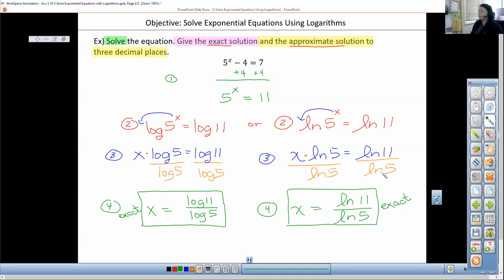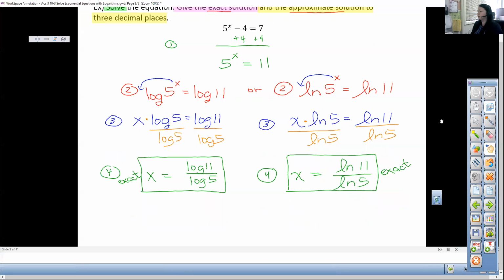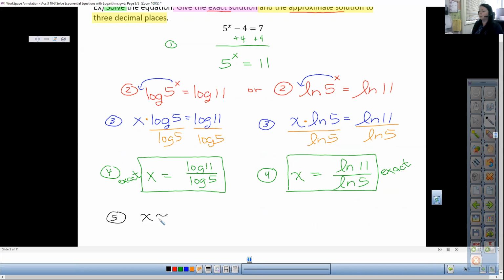So now I'm going to use my calculator to approximate these. And we should find out that they each give us the same decimal value. When you take your log of 11 divided by the log of 5, or your natural log, remember that in a calculator, arguments must be enclosed inside parentheses, which means that in the calculator, I would hit log and it would open a parenthesis.